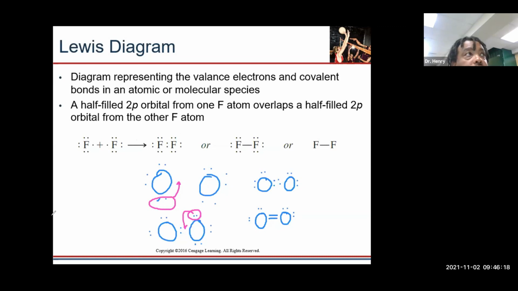So if we take a look at nitrogen, nitrogen is also diatomic. Nitrogen has 5 valence electrons. Okay, so what I'd like you guys to do is let's connect this nitrogen so that both of them have 8 electrons around it, kind of like what I did with the oxygen.